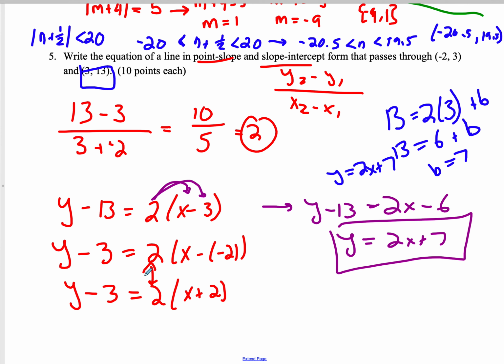These are actually equivalent. For example, if I was to distribute y minus 3 equals 2x plus 4, you can see I can add, and I get 2x plus 7. So it again shows you they're equivalent. Okay, so there is some variability, but this is something you really want to lock down if it's a place you're struggling. It'll be helpful now and in the future, especially calculus if you go to calculus.